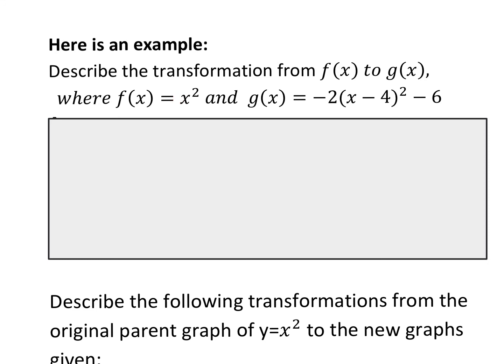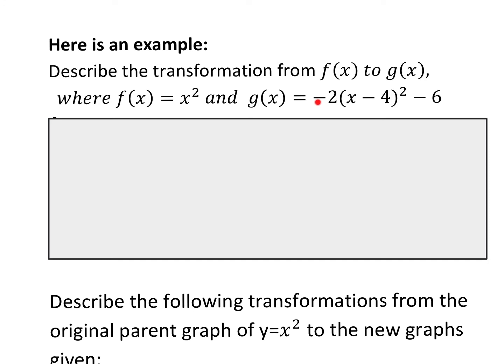And you got to describe how it changes from here to this new graph, g of x equals -2 parentheses x minus 4 squared minus 6. So let's describe the transformations according to the questions that were listed above. Question number 1, does it get reflected over the x-axis? What do you guys think? Does this get reflected over the x-axis?